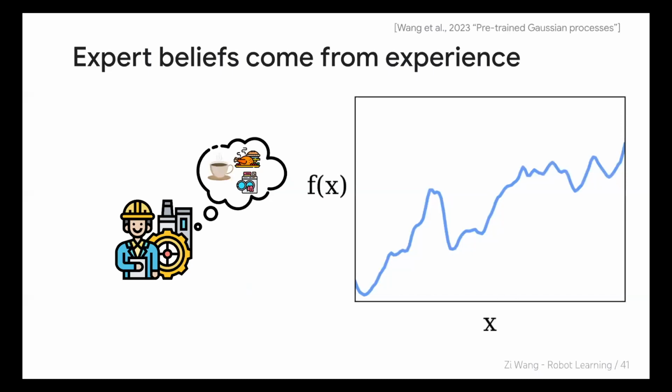So it comes from the experience with relevant tasks that we had before. And those will form our underlying belief about the kind of tasks that the robot might encounter. And if we describe those tasks with the underlying functions behind each of the tasks that we had experience with, we can basically visualize them in a way.